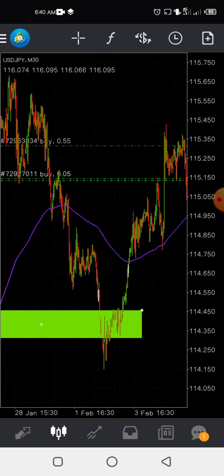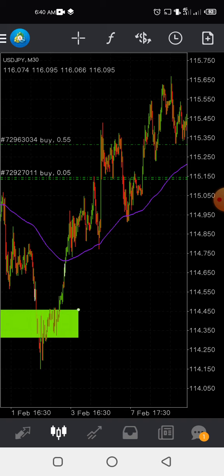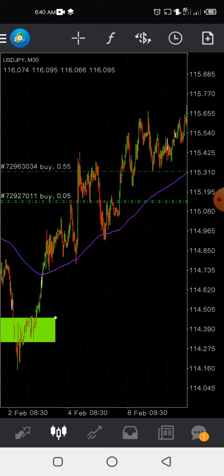So I would urge you all to add the 200 EMA to your charts. However complex your strategies are, you still need the 200 EMA on your charts. It helps to break down the market's bigger moves.